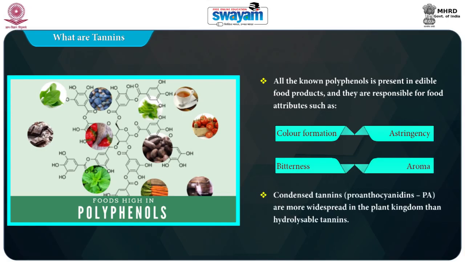Condensed tannins, basically proanthocyanidins, are the most widespread in the plant kingdom than hydrolyzable tannin.